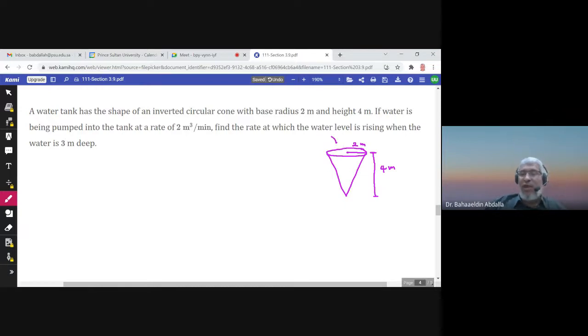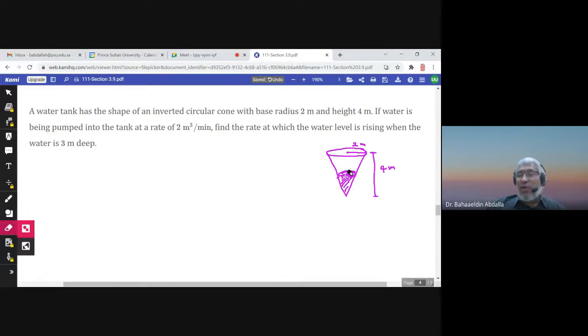So we will fill the tank with water. Now, what is changing with respect to time when you fill the tank with water? The level of the water. Assume that after 1 or 2 seconds, the water now is here, filling this part.